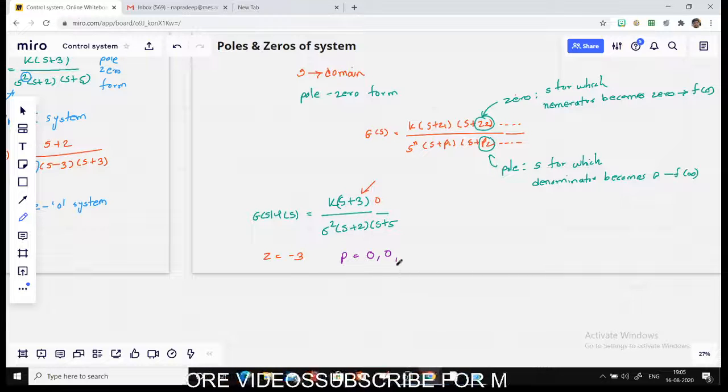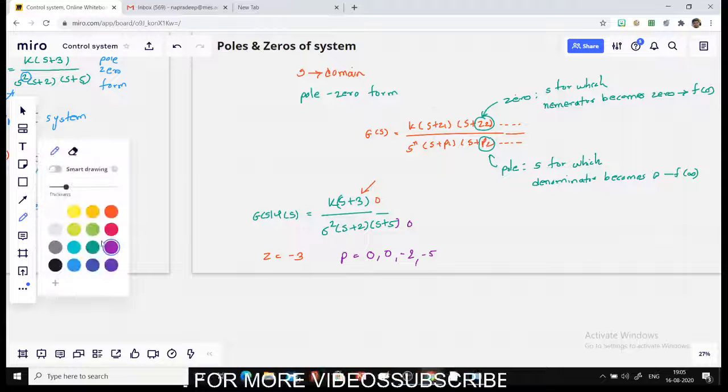Then if I substitute s is equal to minus 2, that will give this term 0, or effectively the denominator becomes 0. So s is equal to minus 2 is another value, and s is equal to minus 5 is the last value. So for this system, there is 1 zero and 4 poles available in the system. This is how you find various values of poles and zeros in your system.